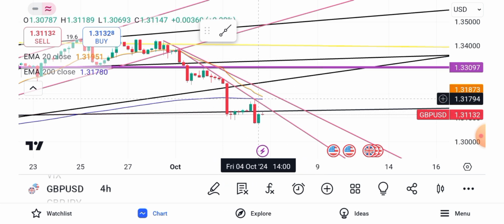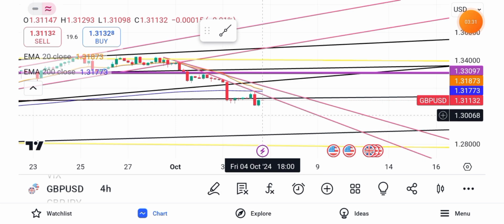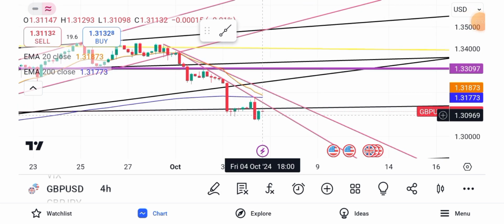And then we also have a reversal candlestick here that's showing pressure for the downside. So both sides are 50-50, but definitely a sell for this week. If it does change on us, it changed on us, you guys.